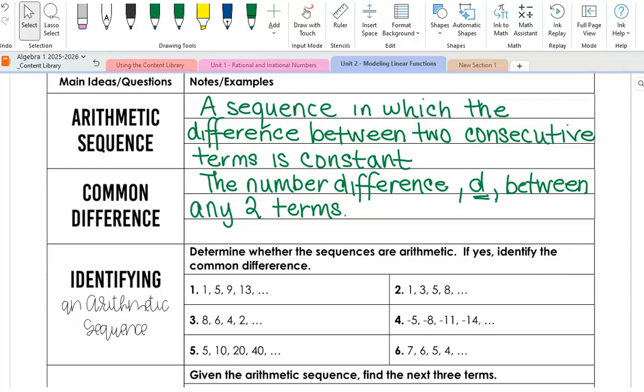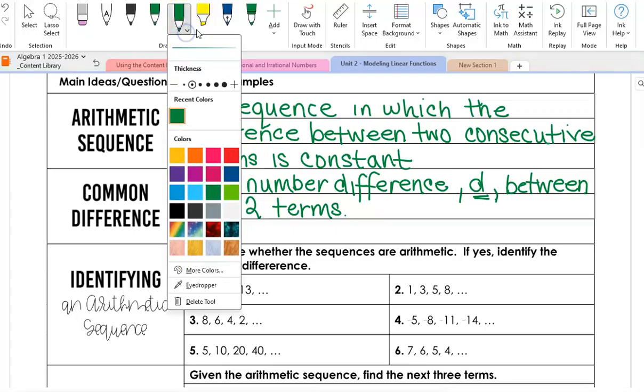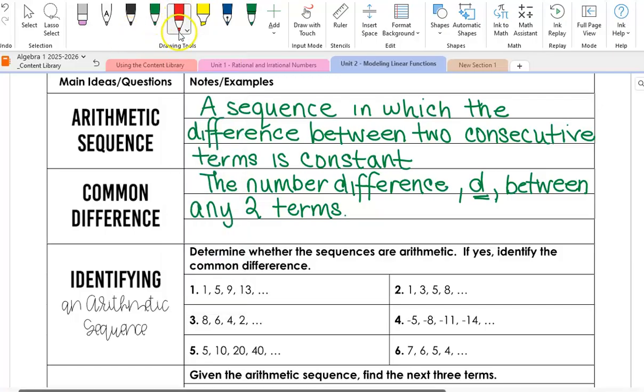An arithmetic sequence is a sequence. It's a pattern. It's a group of numbers that have many terms or numbers part of this sequence in which the difference means subtract. Let me get some other colors here. So we have a bunch of different colors.